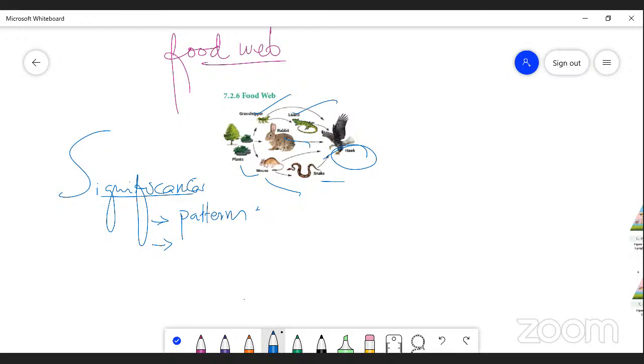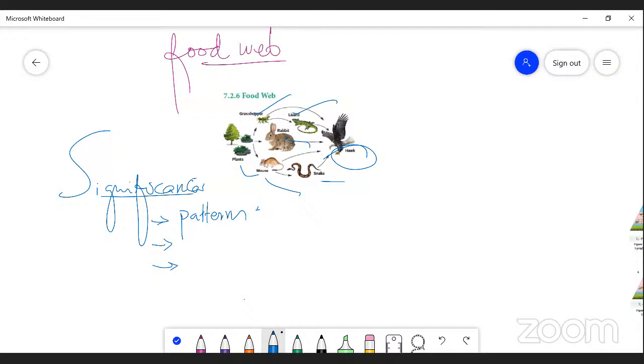And third one, it is also used to study different organisms in a food web, right? So here it helps to know the various types of habit and habitat of organisms. Here mouse is there, rabbit is there, lizard is there, and snake, worm, and plants are also there, right? So this is simply the significance of food web.